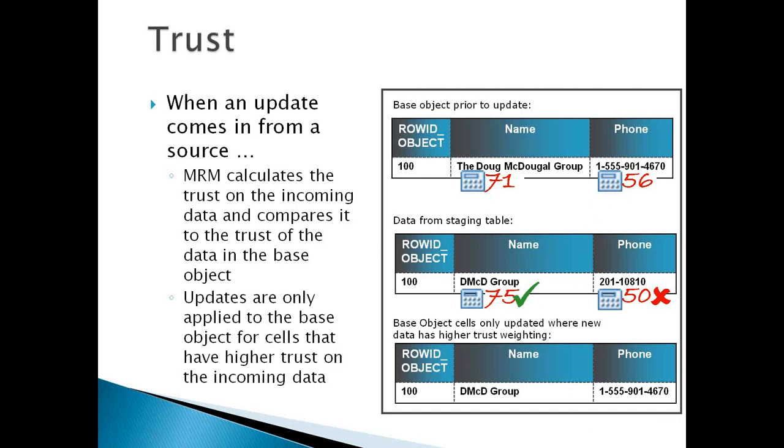If there is no trust and you are sending any update, it will get promoted into the master record, because MDM thinks that this is the latest update, and if it is an update, it should be correct data. Only if the trust is there will it calculate the trust, otherwise it doesn't.